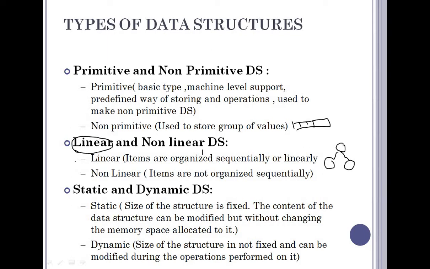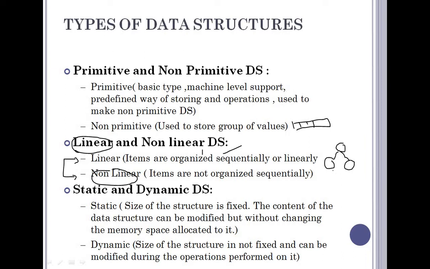So we can differentiate the data structures in both of these in many ways. For example, the data organization is going to be sequential in the first one. The data is going to be accessed in a single run in the linear one, but in the non-linear one it is not possible to access the data in a single run. The next is memory efficiency, which is going to be more in the non-linear.